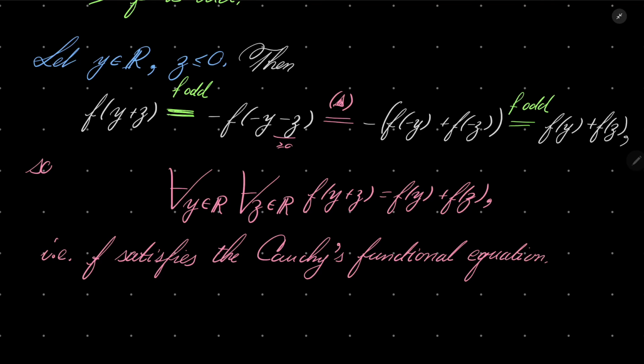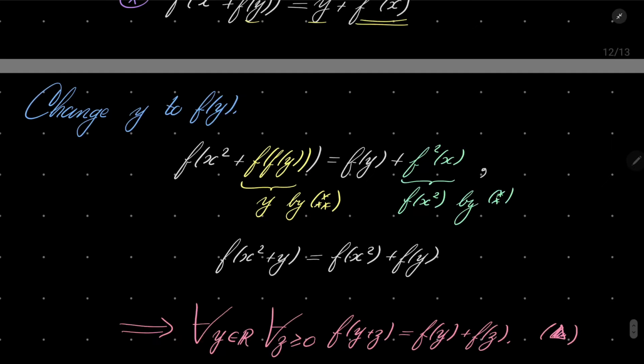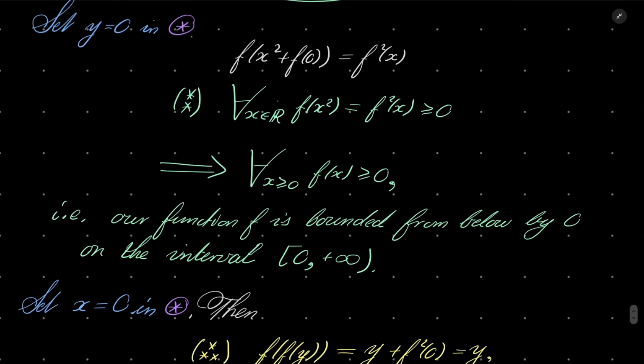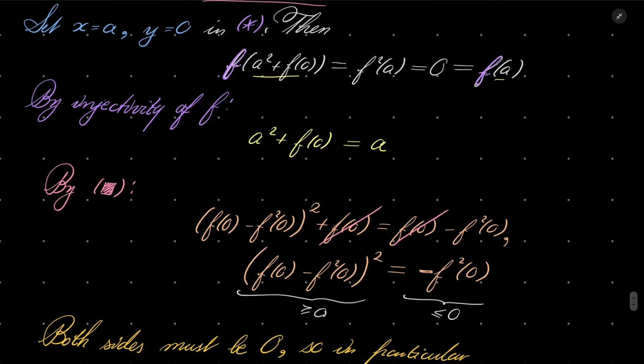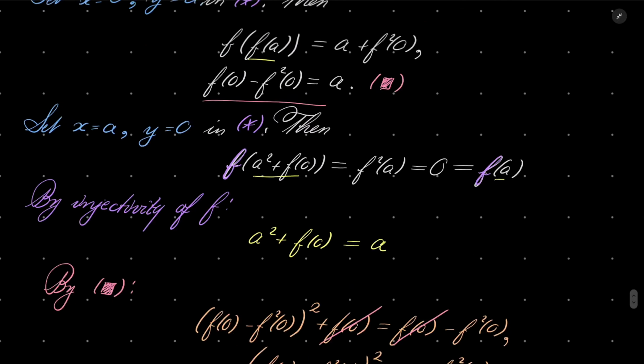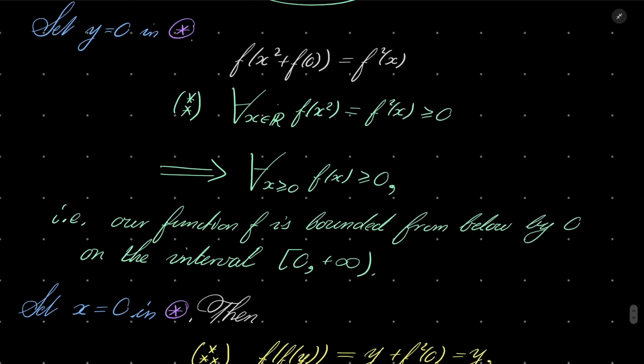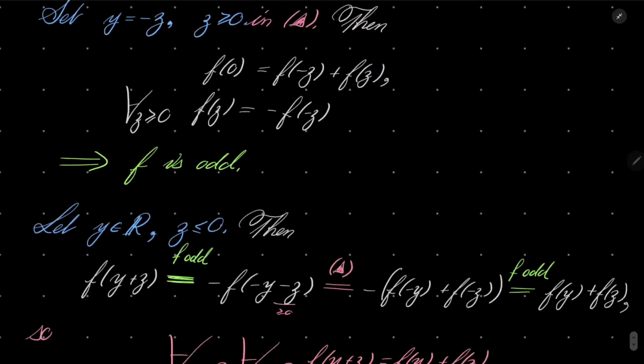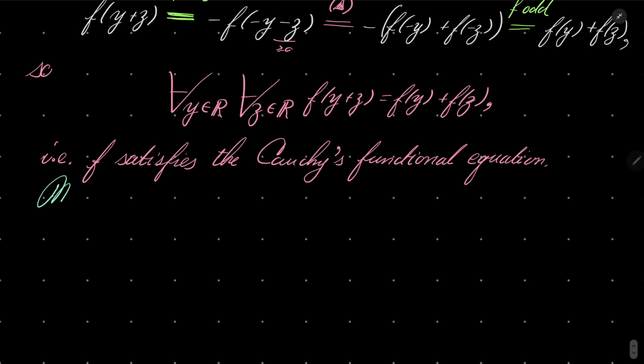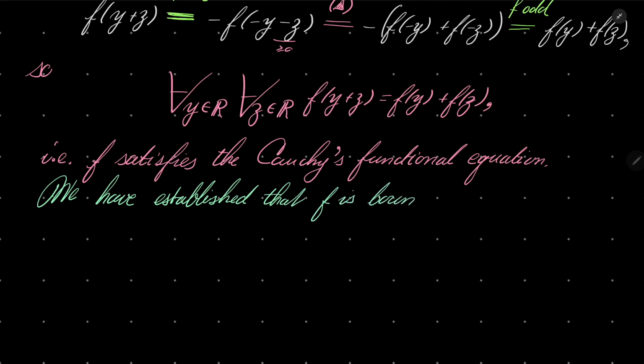And along the way, we have established that our function is bounded from below. It was a condition which I marked. Have I marked it? No, but we have established it. So maybe let's write it. We have established that f is bounded from below on the interval 0 plus infinity.